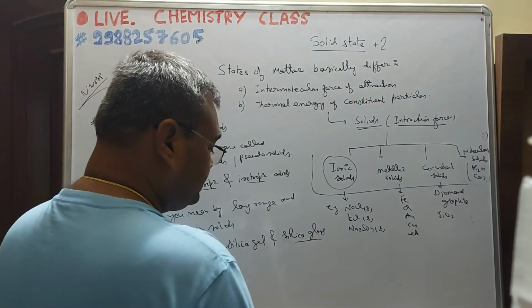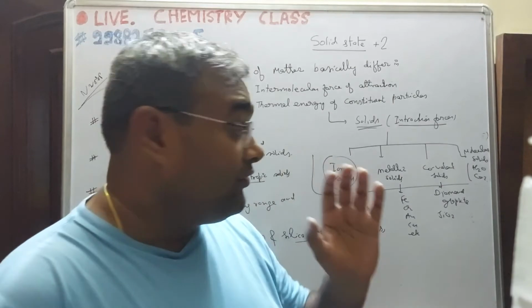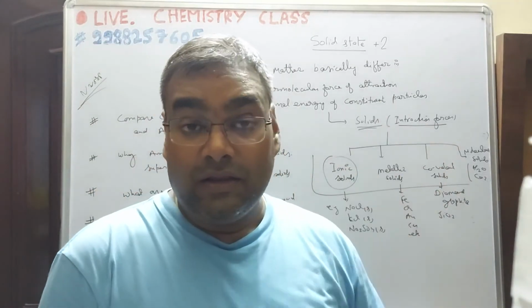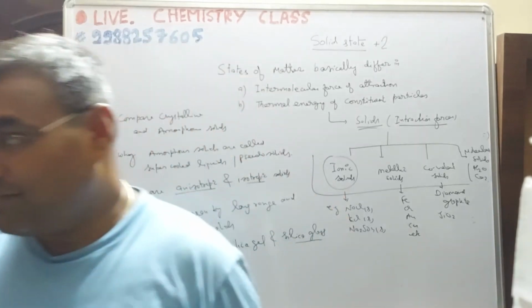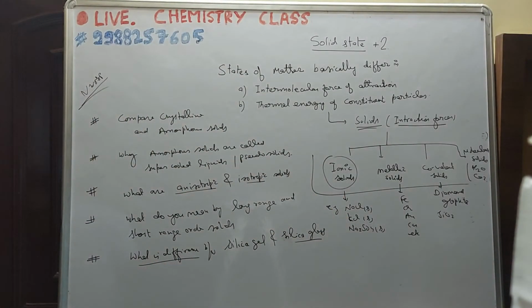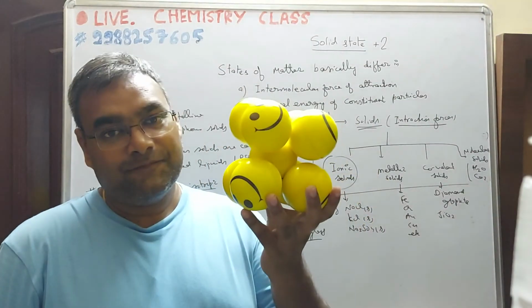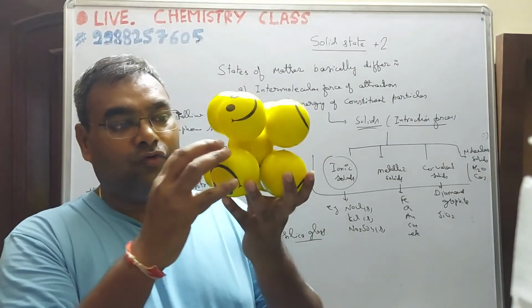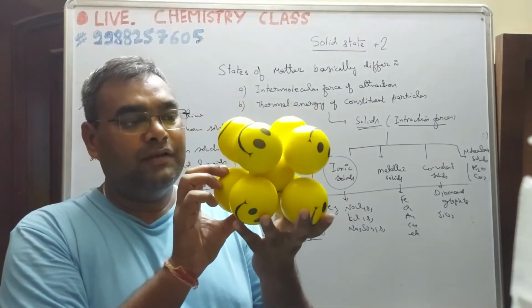Now first of all, this is the introduction part, and now we have to study in very detail, like in crystallography, their internal structure. Look, I have a solid like this. These are considered as constituent particles, arranged in a definite manner.